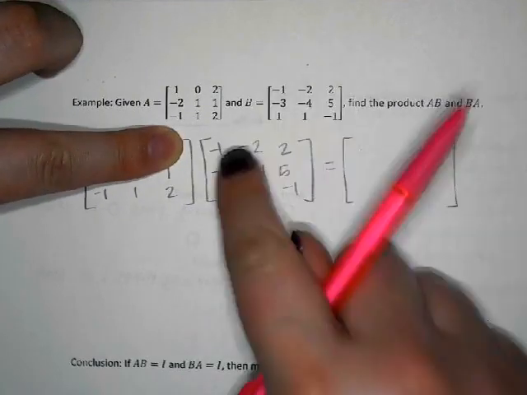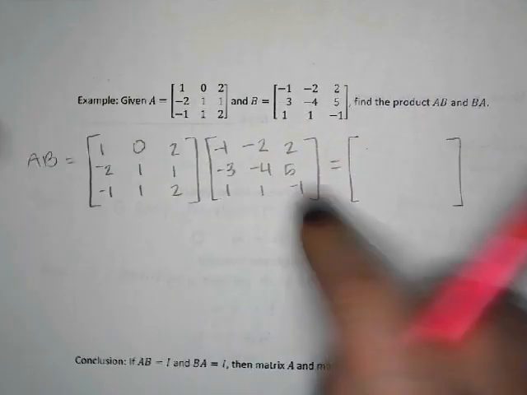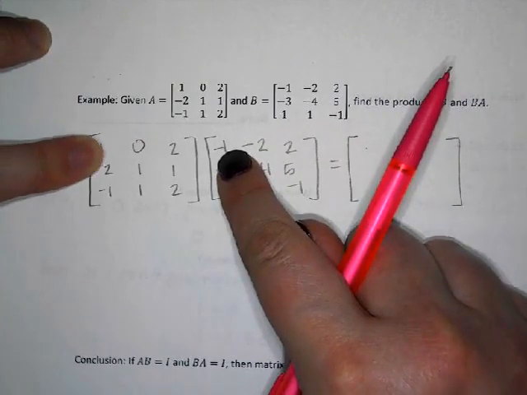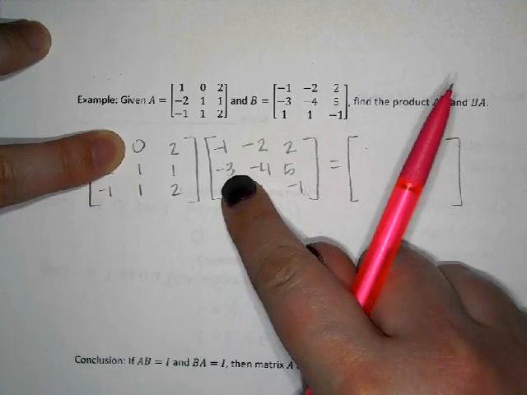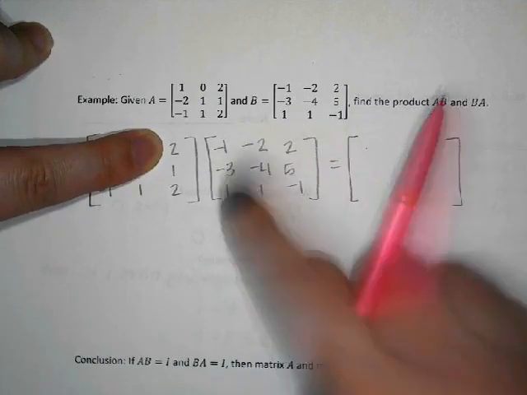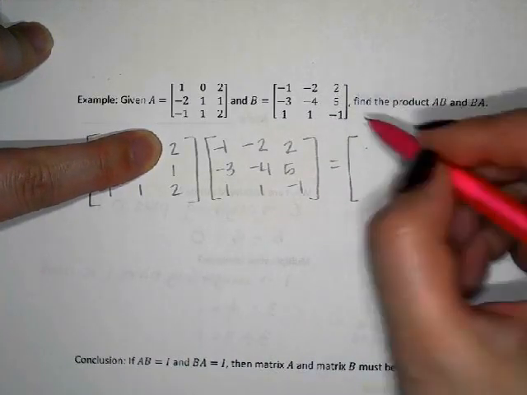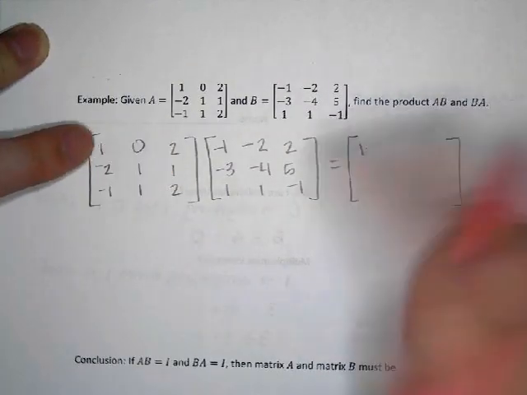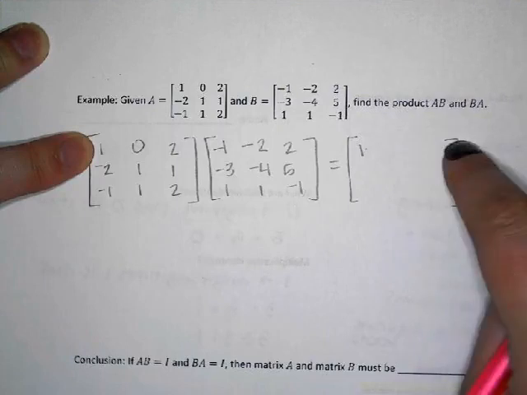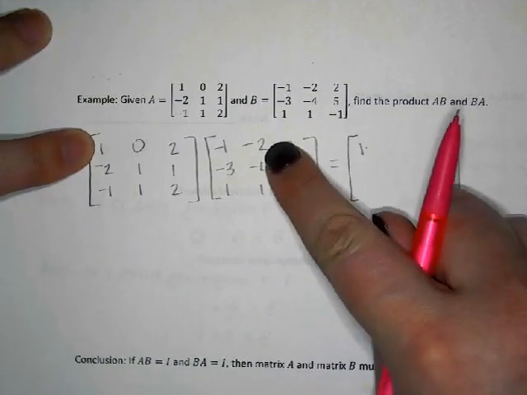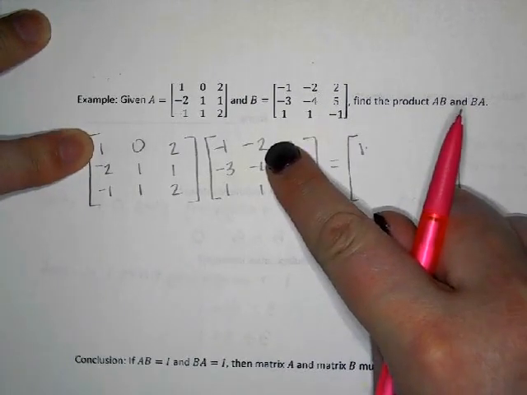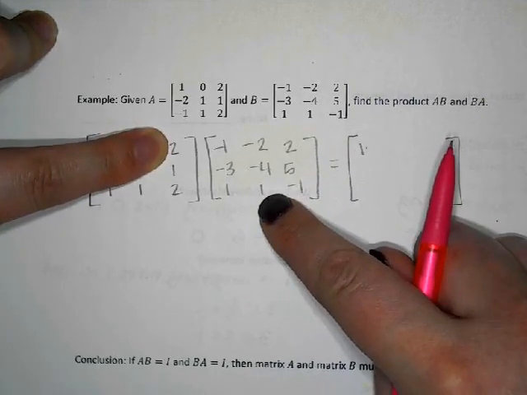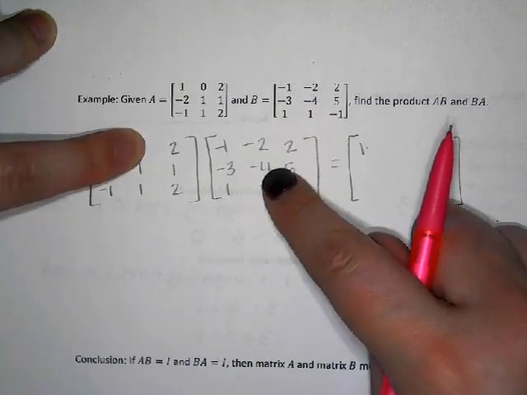So I've got 1 times negative 1, and then 0, and then 2. So what do I have? I got 1. Negative 1, 0, and 2 gives me 1. Okay, so now I've got first row, second column. I've got negative 2, 0, 2. Negative 2, 0, 2. What does that give me? 0.